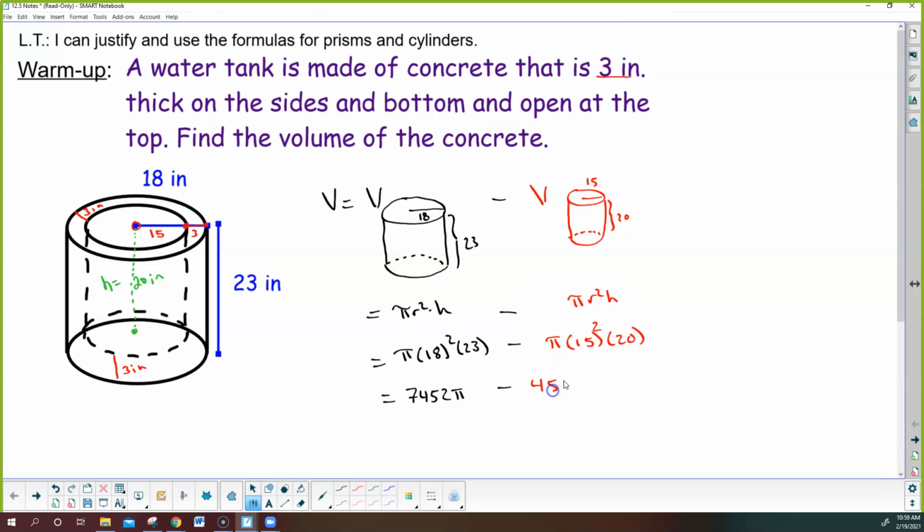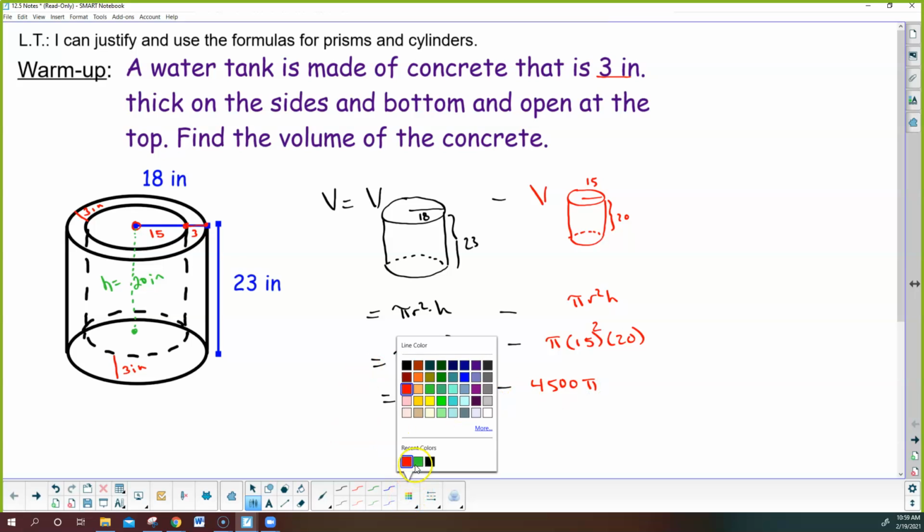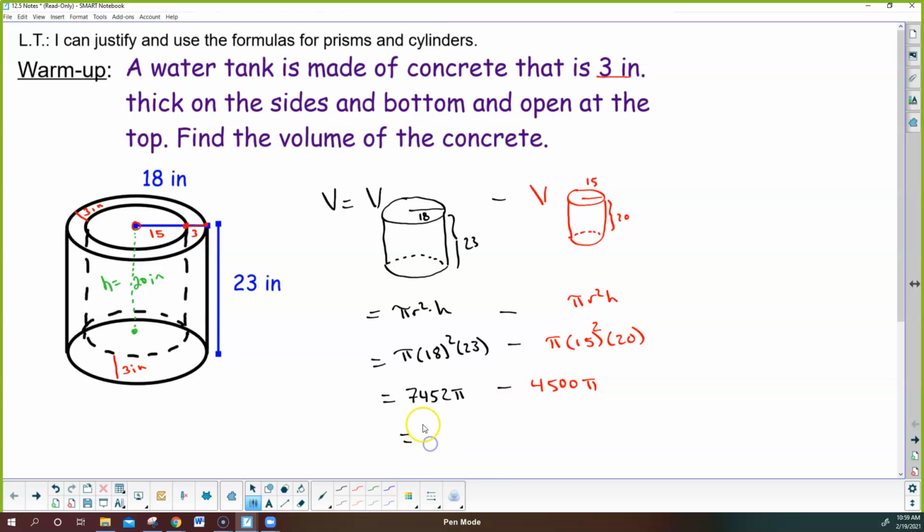That will be 4,500 pi. And then if we subtract those two, I get the total volume of this tank as the exact answer.